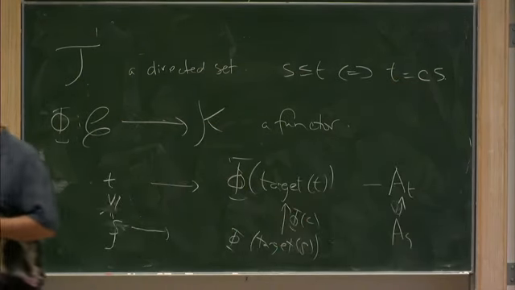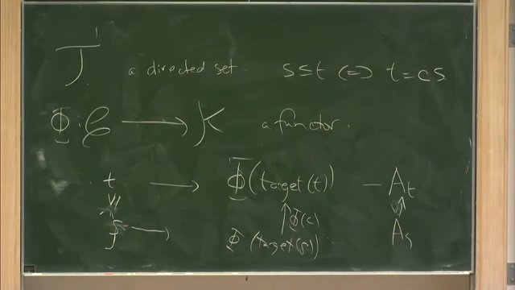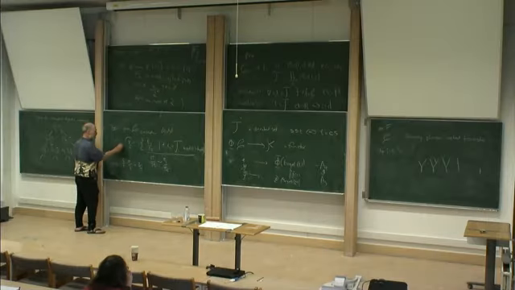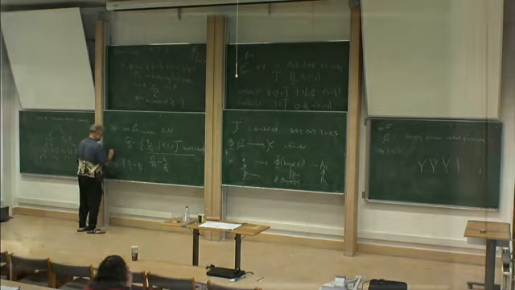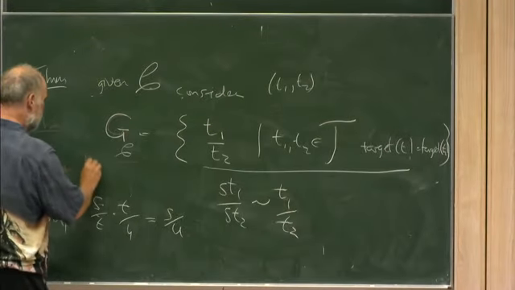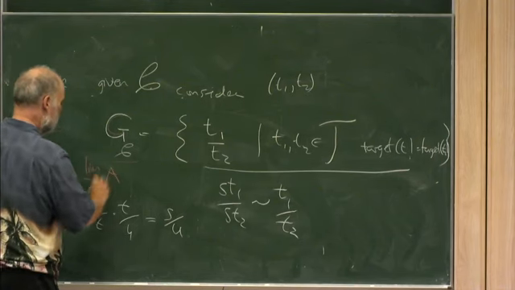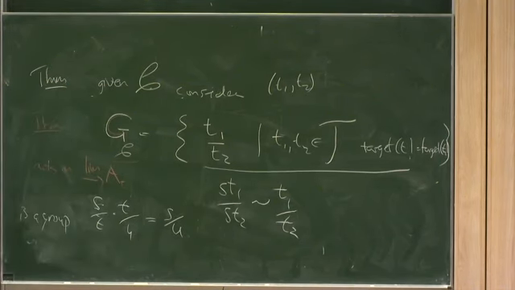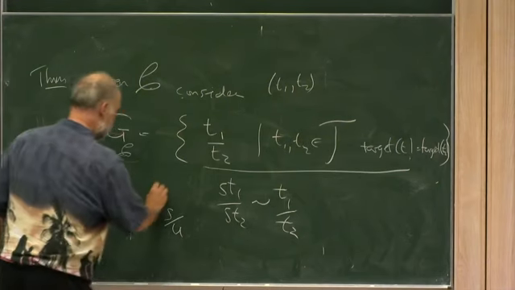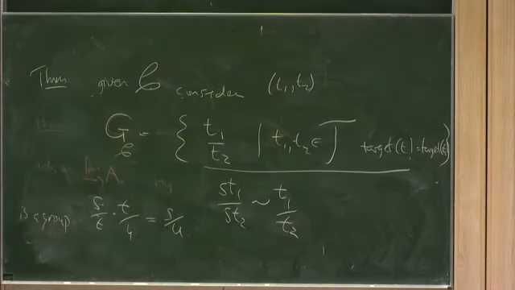So A sub T is the thing given by the functor according to the image of T. So the theorem is that G sub C acts on the limit of A T by the formula.